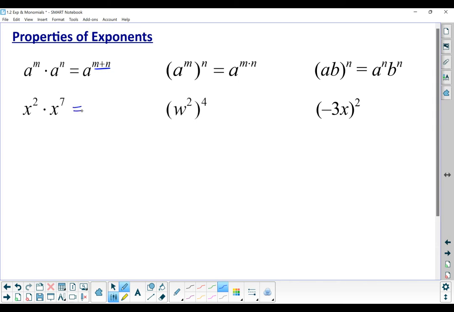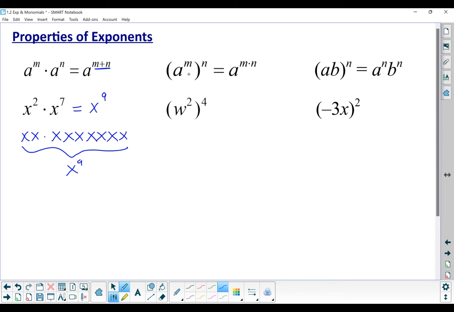So x squared times x to the 7th is x to the 9th, because 2 plus 7 is 9. That's because x squared is 2 factors of x and x to the 7th is 7 factors of x, so all together we have 9 factors of x. So again, you can just add those exponents together: 2 plus 7 gives you 9.